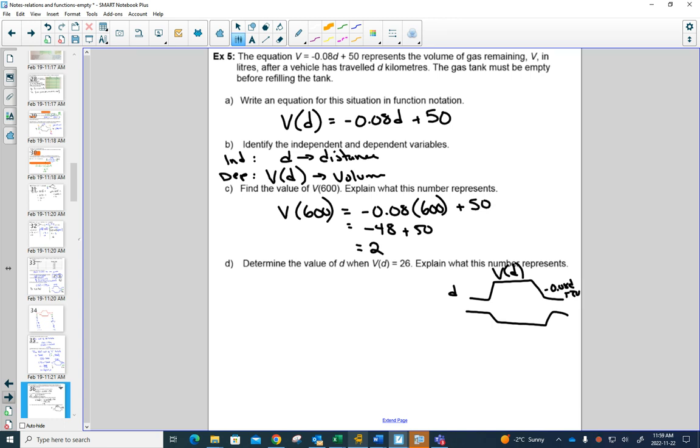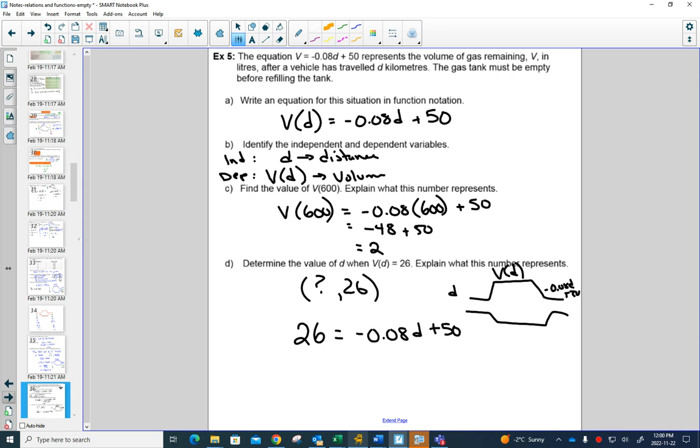They're basically saying, you know that the y coordinate is 26. What D value gets you that? So you know the volume is 26, but you don't know the D value that gets you that.